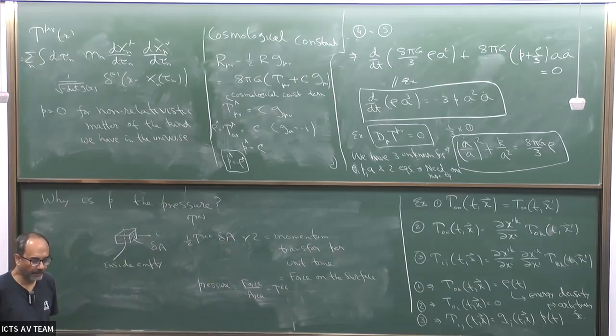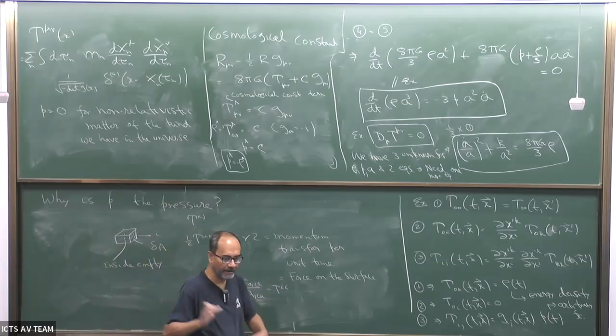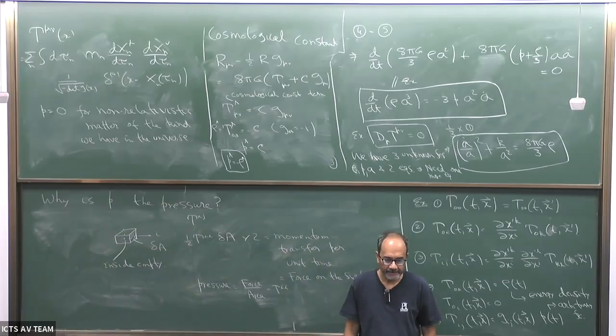So this is the reason why the T_ii component that we have introduced, which I call P, is actually the pressure of the gas. If you have a gas of photons, this is the pressure. So from our earlier knowledge, we can use the relation P equals rho by 3. I don't know if you have seen the derivation of P equals rho by 3.